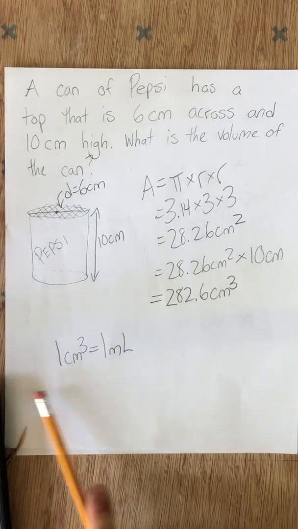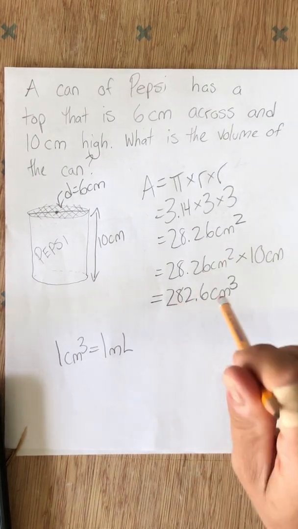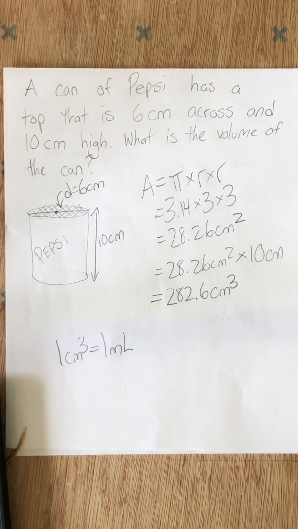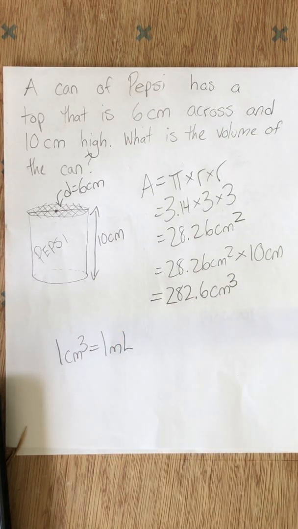You don't need to know this for today, but just so you know, we don't think about drinking Coke or Pepsi in centimeters cubed, we think about it in milliliters. So this can holds 282.6 milliliters, or about 1/3 of a liter.